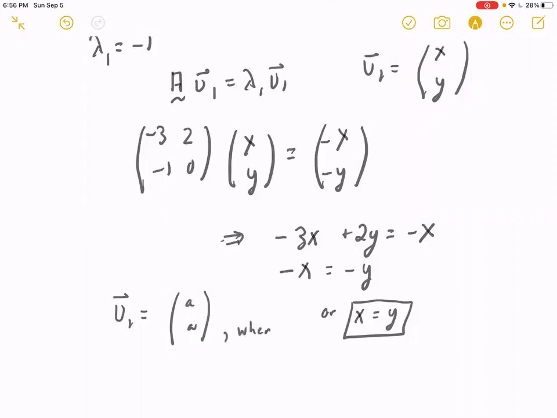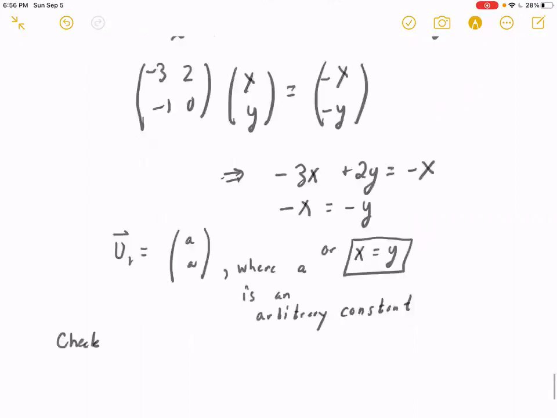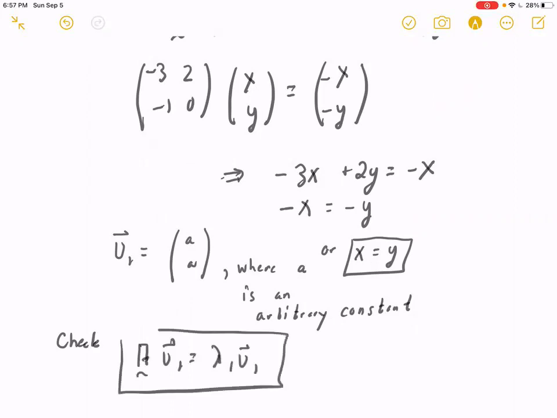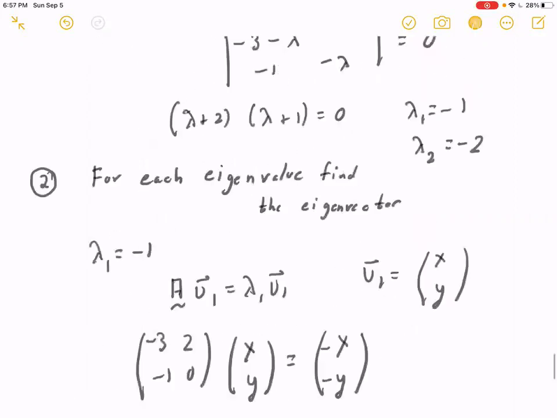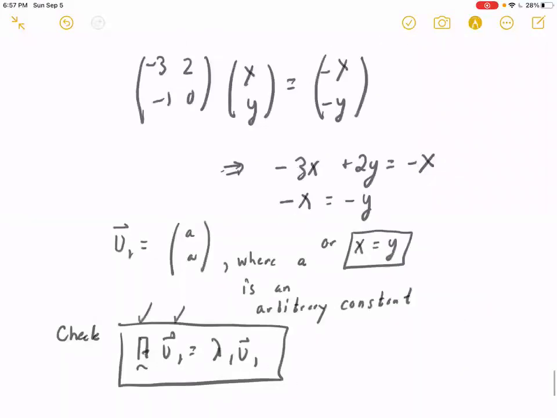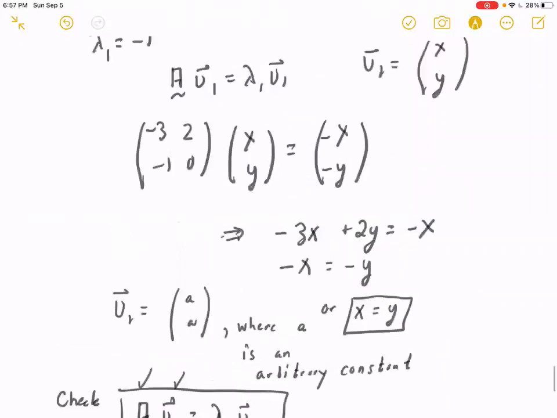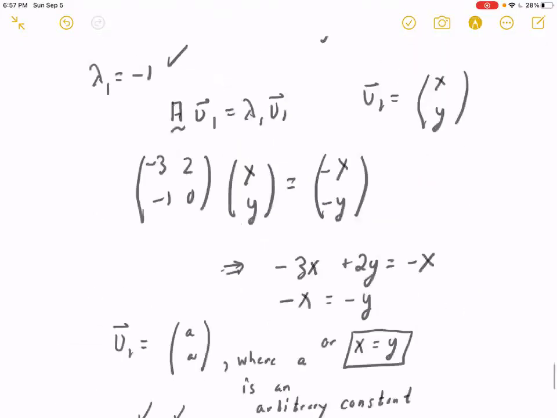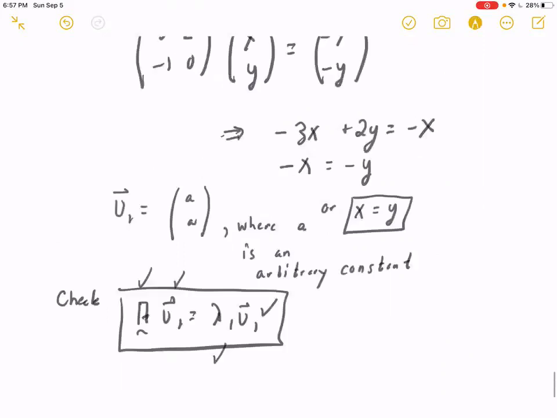And I'm going to let A be, this is the same standard fare that we've used before, an arbitrary constant. Okay, so please check this. I'll give it to you, but check that in fact this is true. Check that if you take A, which is this, and multiply it by u sub 1, you get lambda sub 1, which is this, times the original eigenvector back. Check that.